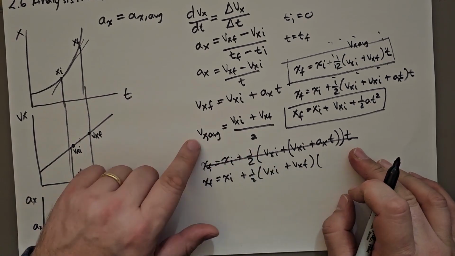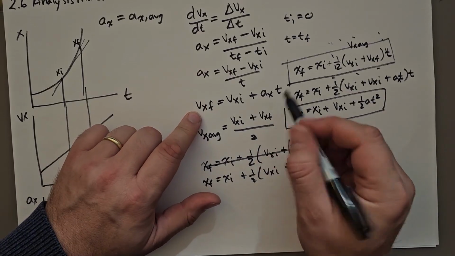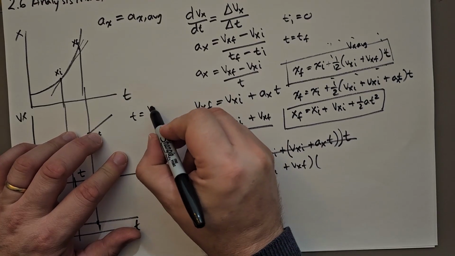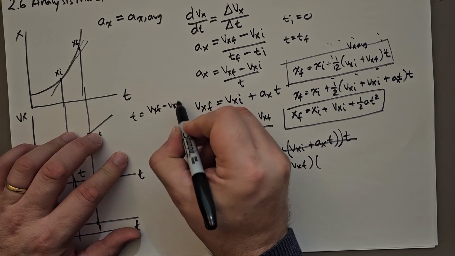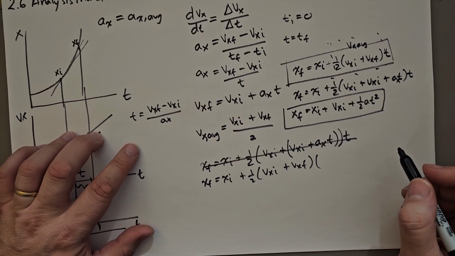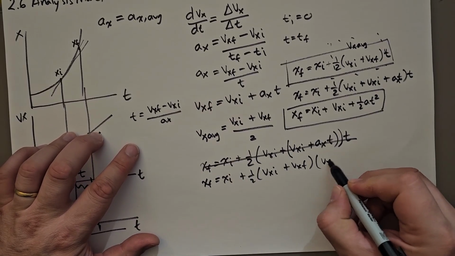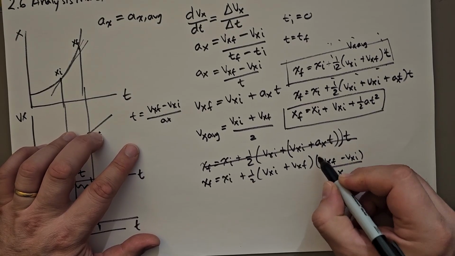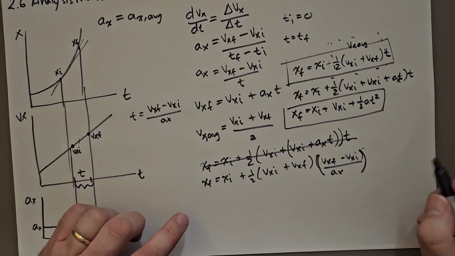For t, if we solve this equation for time, we get time is equal to vxf minus vxi divided by ax. Yes, that's correct. So we're substituting that all in for t.